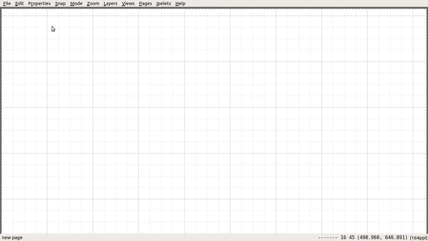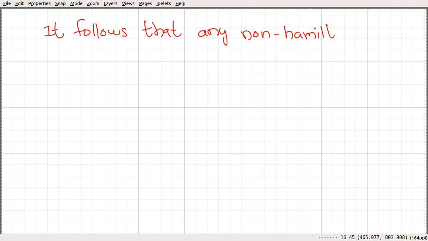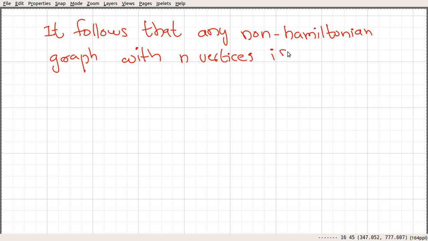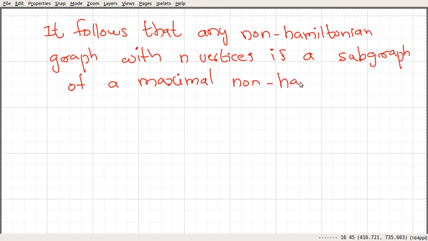It follows that if you take any non-Hamiltonian graph with n vertices, it is going to be a subgraph of a maximal non-Hamiltonian graph with n vertices.